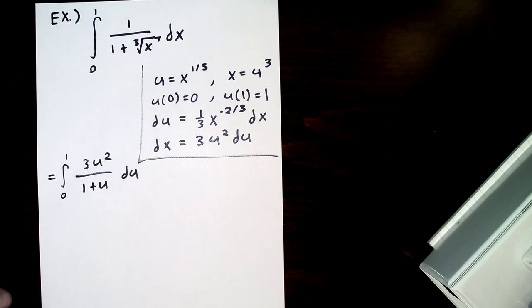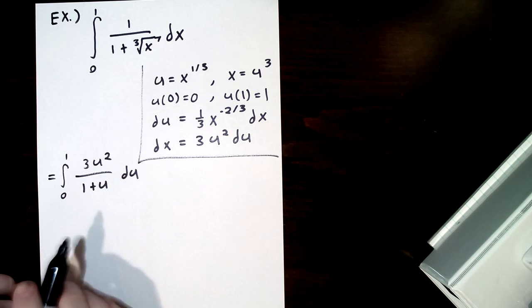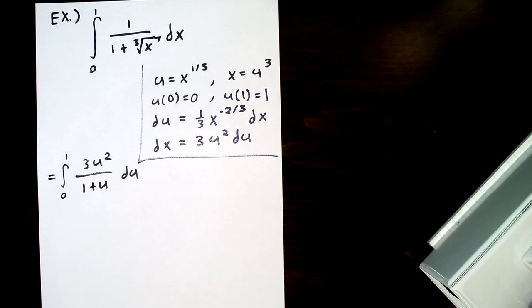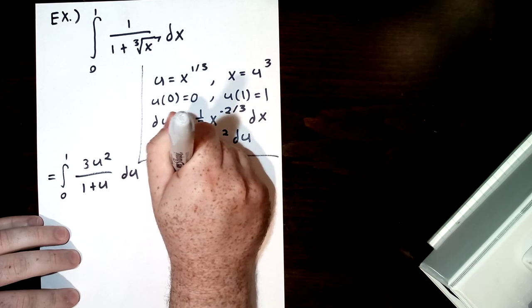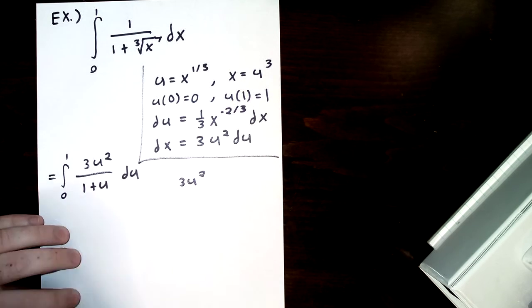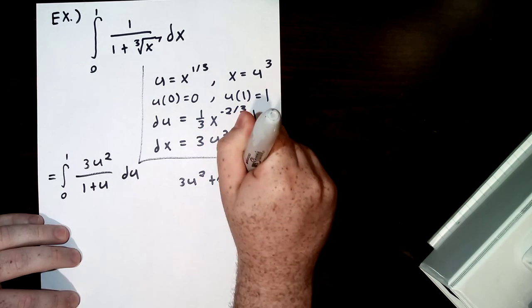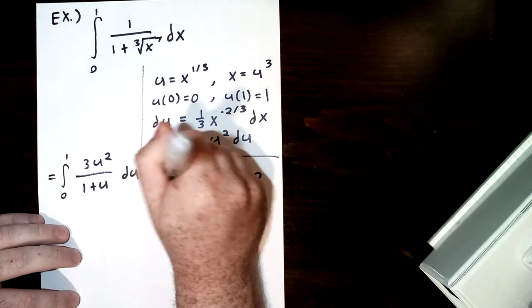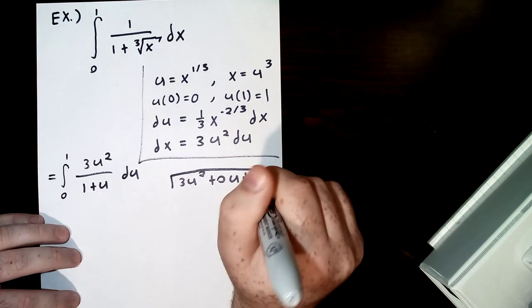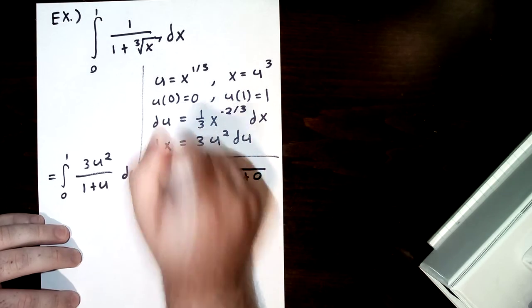Now notice that the power of the polynomial in the numerator is larger than the denominator, so we're actually going to have to do a polynomial long division again. So we're going to do 3u squared plus 0u plus 0, divide that by u plus 1.